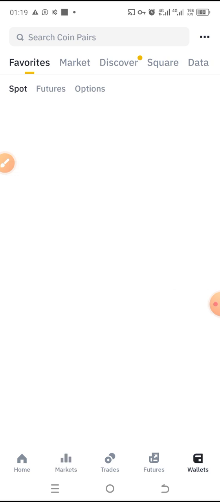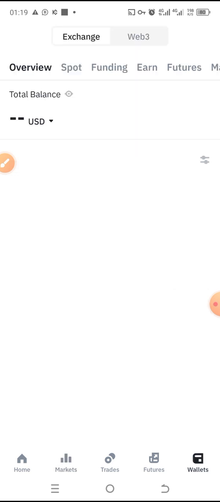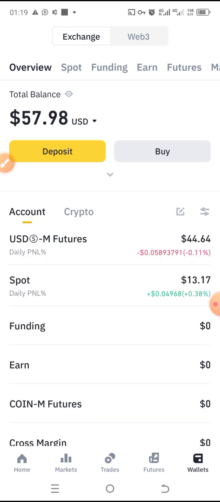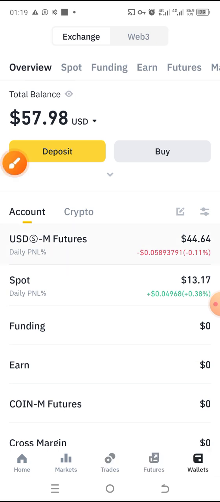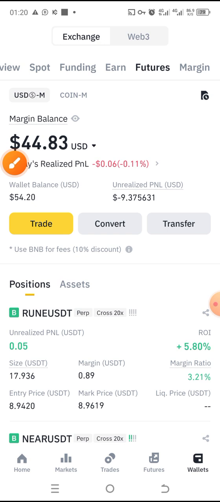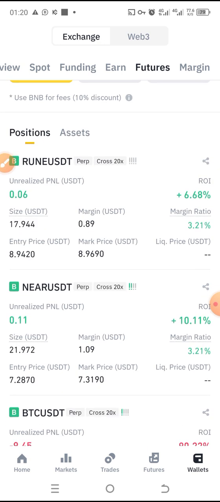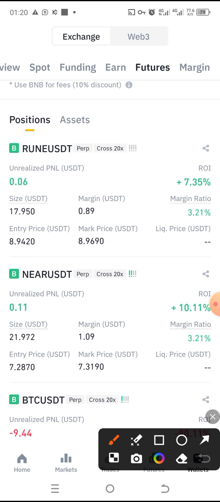Come on, let's go. Like I said, I'm having just about 50 something dollars here, but I know that I have to go and top up immediately if the coin goes outrageously down above what I intend to do. As you can see, this is the run and this is the near.